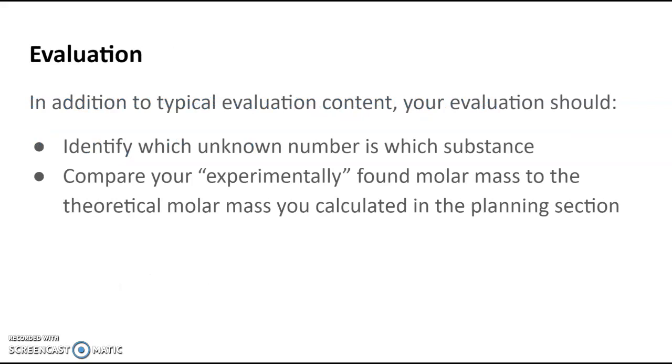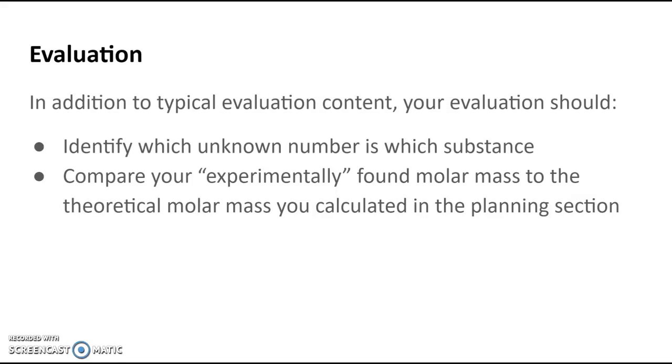In your evaluation, very typical evaluation, but make sure you identify which unknown number is which substance. Something I've noticed in our evaluations is we might identify an unknown or answer the question of the lab in the data analysis, but we don't restate it in the evaluation.